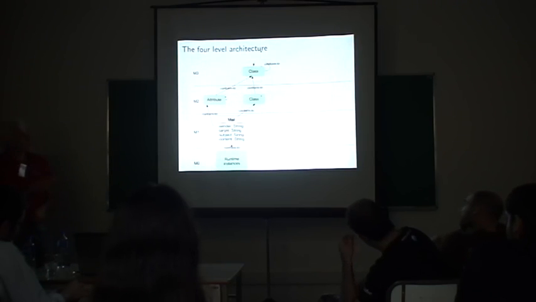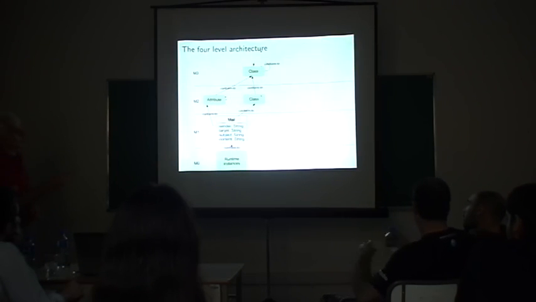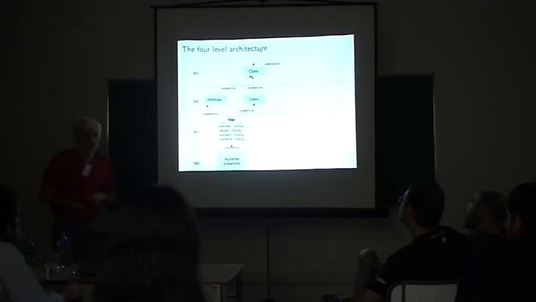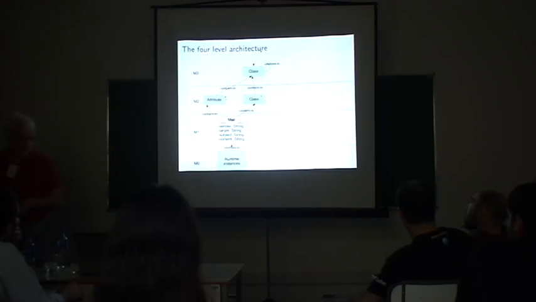Generally, this meta language model is auto-descriptive, so you can describe this model with itself. So this is why there are only four levels in this architecture.